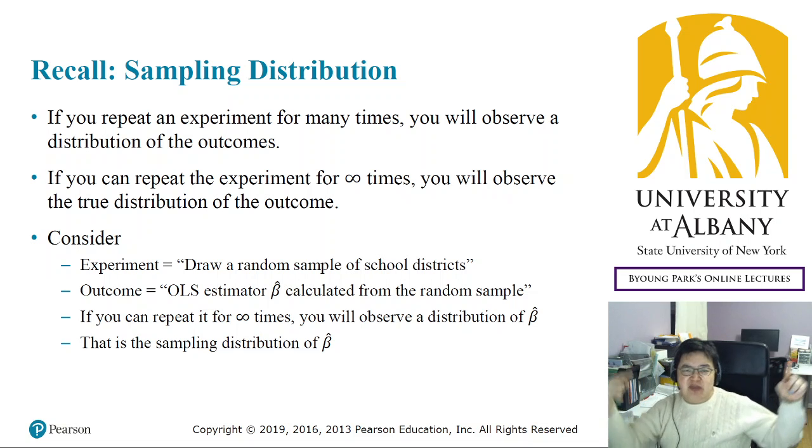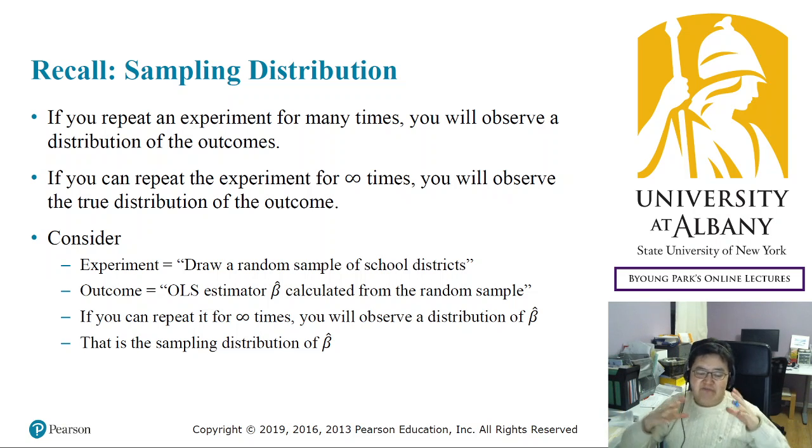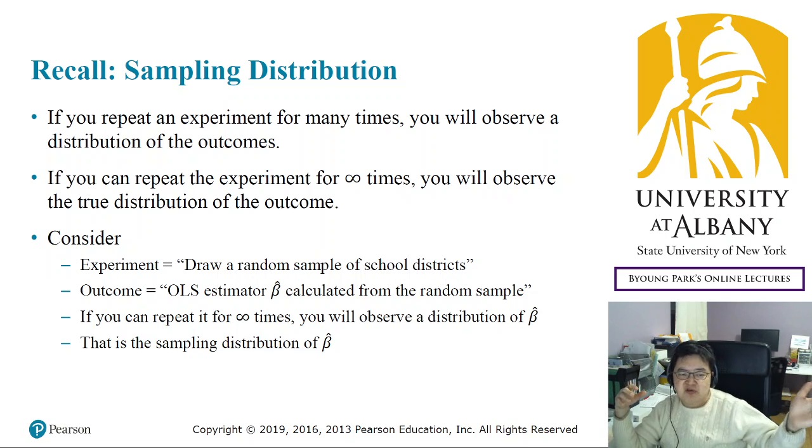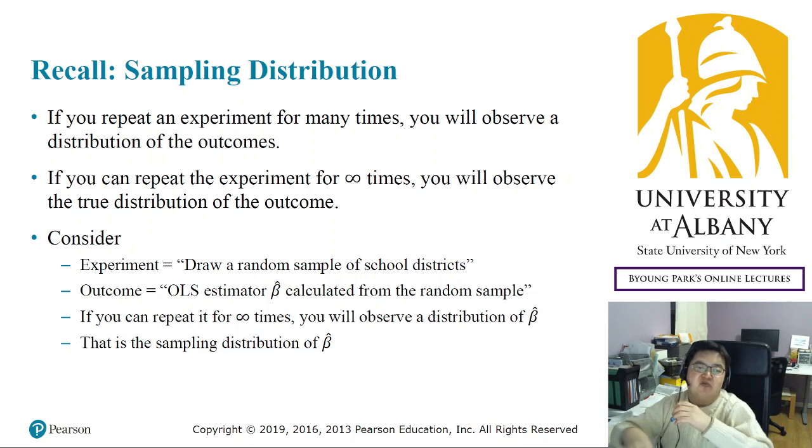Now, if you can repeat that experiment, repeating means that I have 420 observations, and after calculating the OLS estimator, I throw away the observations and resample another set of 420 observations.